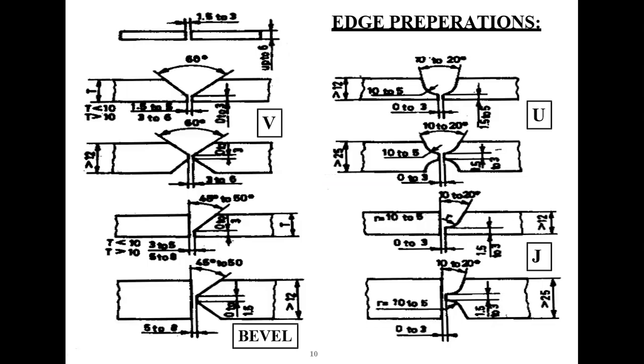Next, these are the edge preparations. Basically, for every welding, we have to prepare the edges before performing the practical work. To prepare the edges, there are several conditions and specific notations, like V, U, W, and double V. There are certain angles to prepare the edges.